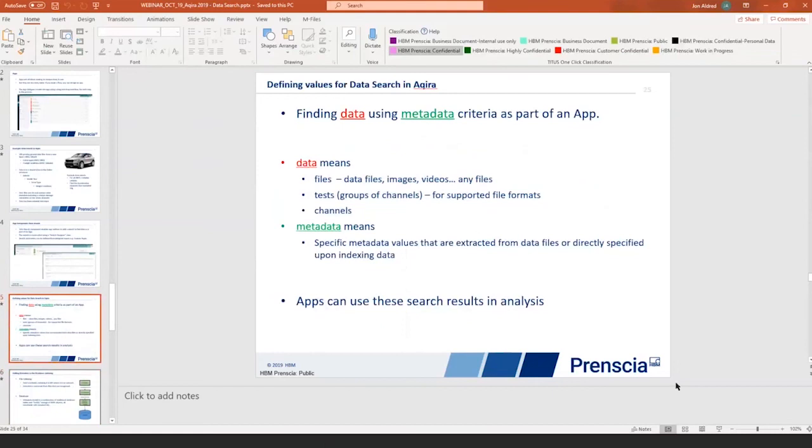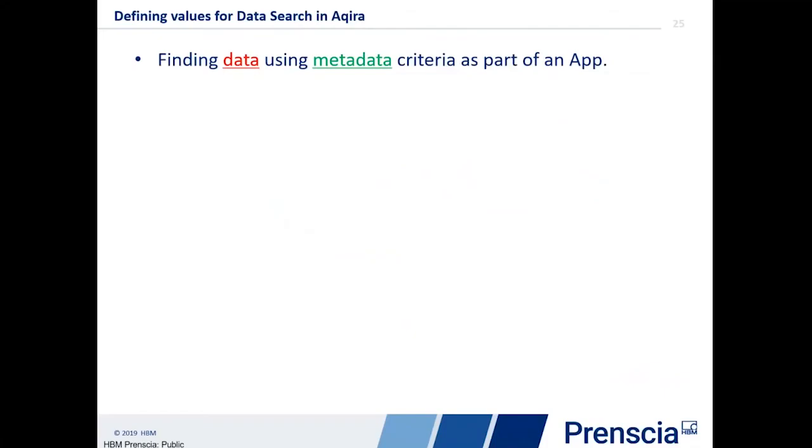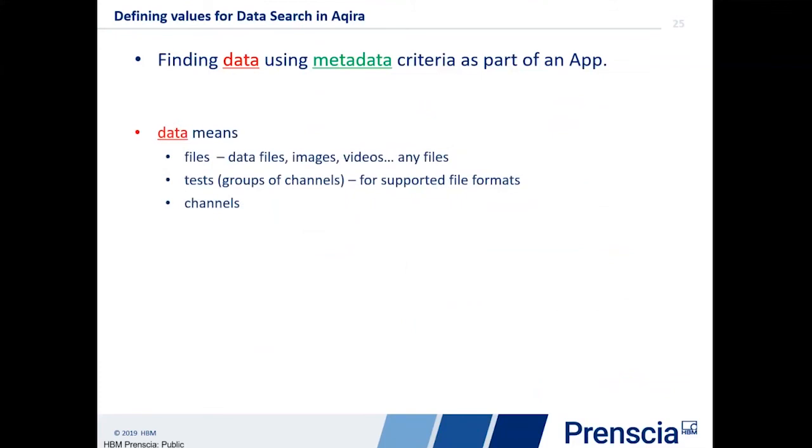Let's clarify some terminology that we're using for this. So that's an example. What we were doing there was finding data using metadata criteria as part of an app. By data, we mean files, that could be engineering data files, test and measurement data files, CSV files, or any file like an image or a video.